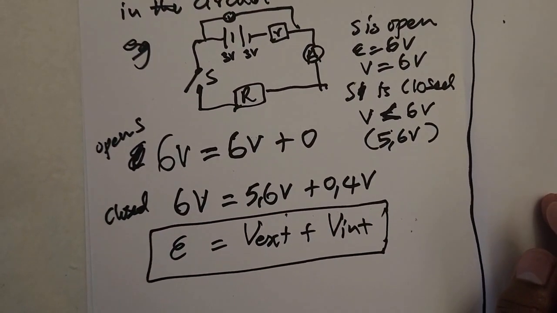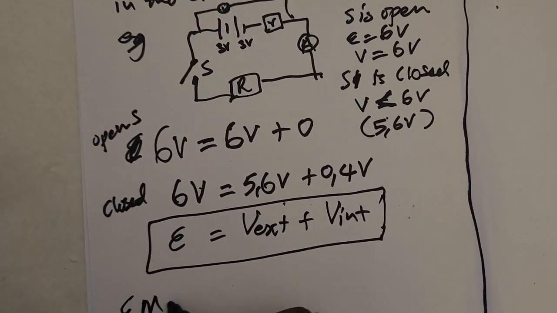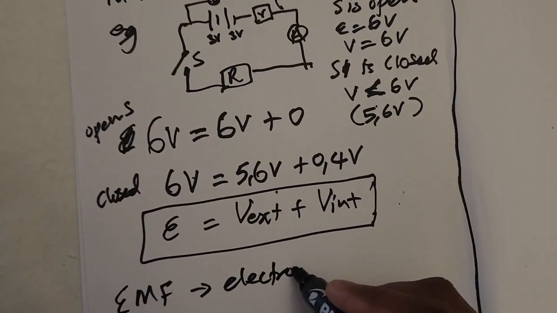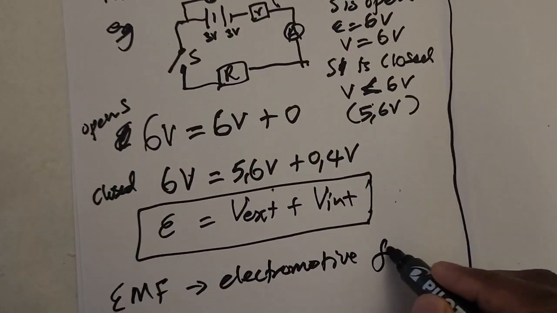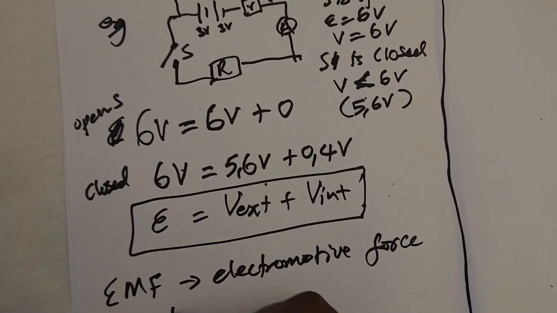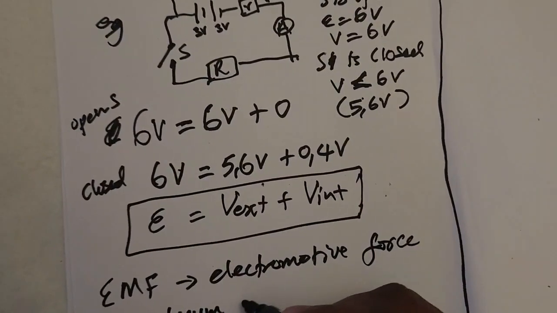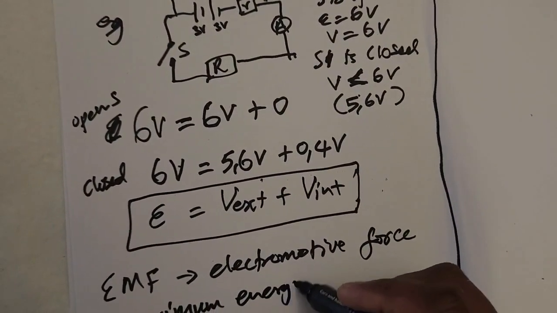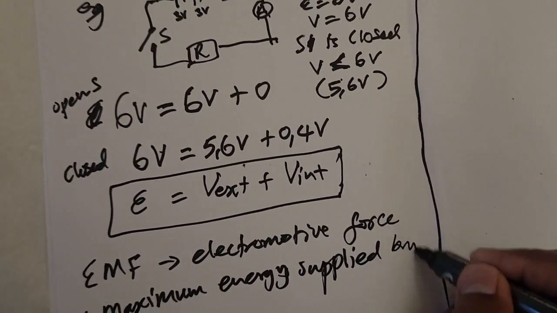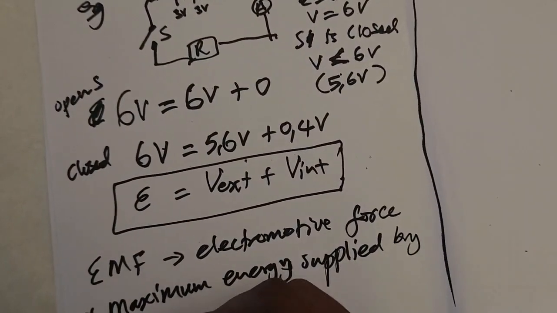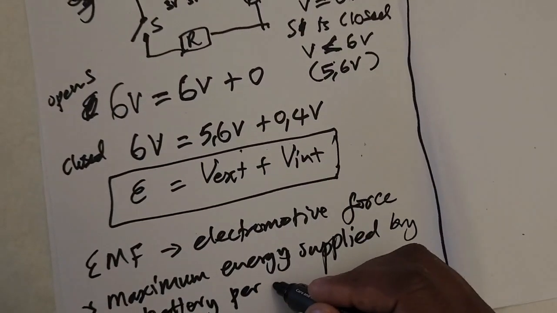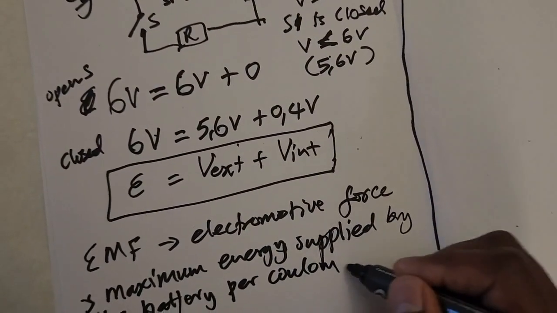When we talk about the EMF, which literally means electromotive force, by definition the EMF is the maximum energy supplied by the battery per coulomb of charge, or per unit charge.